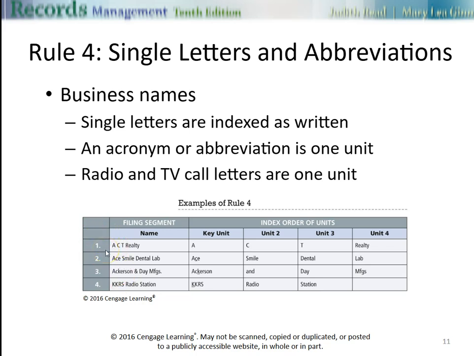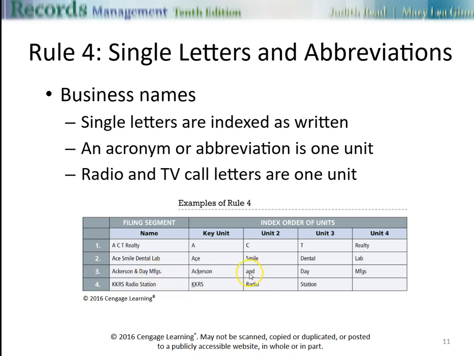If we take a look at number 1, ACT Realty, there are spaces between the A and the C and the C and the T. So that tells me that they need to be separated into separate units. Also for number 3, and this comes back to our abbreviations. So we have Ackerson and Day Manufacturers.